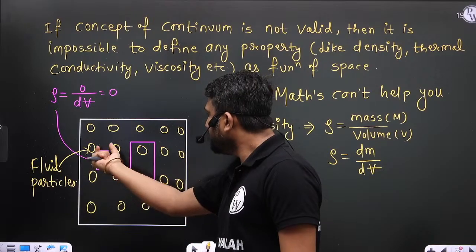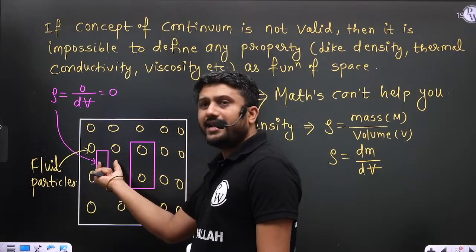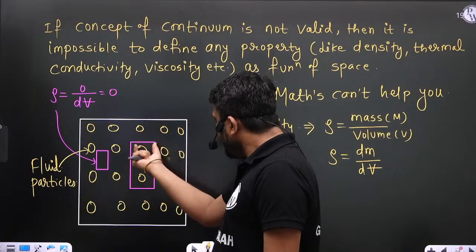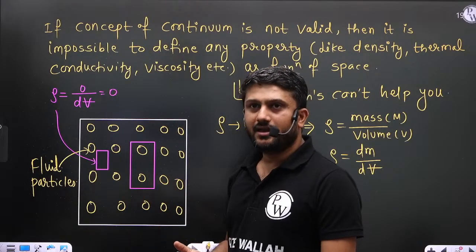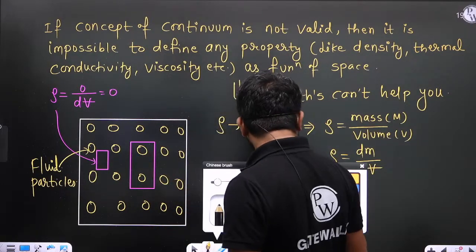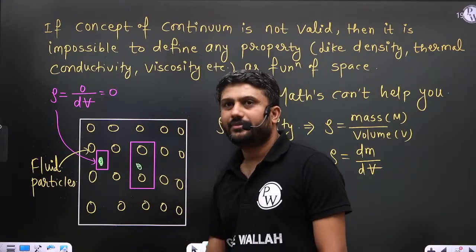If this is the small elemental volume, it is not possible to define the density. But if your elemental volume is this much, then it is possible to define the density. That means at this point there is no density, but at this point there is a density.